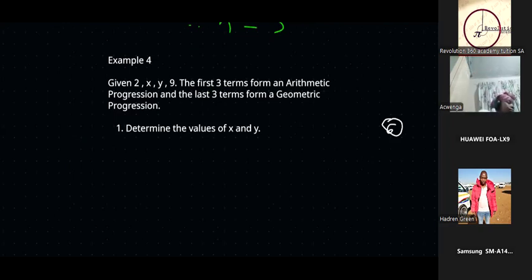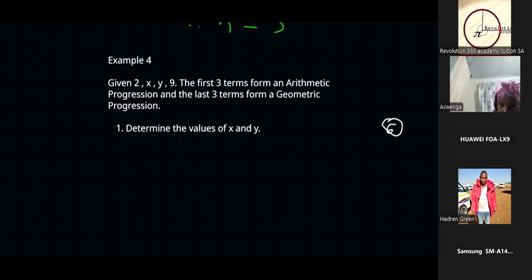They're saying given 2, x, y, and 9. Then they say the first 3 terms form an arithmetic progression. Don't forget, arithmetic progression simply means it's an arithmetic sequence. And the last 3 terms form a geometric progression, which is a geometric sequence. We are finishing just now.